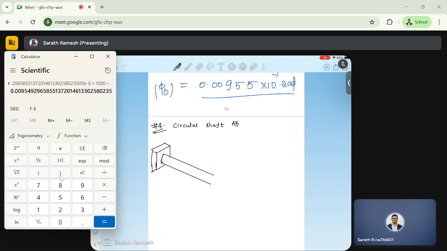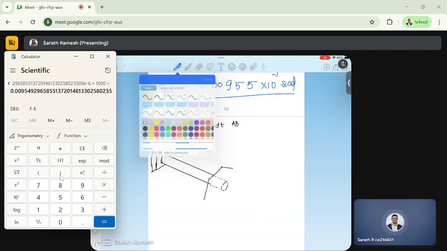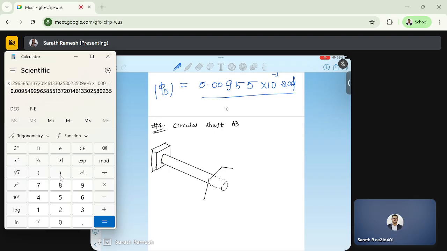Okay, so this is a shaft, and here also it is fixed inside. Let me show it here. There are two portions. Here it is hollow.